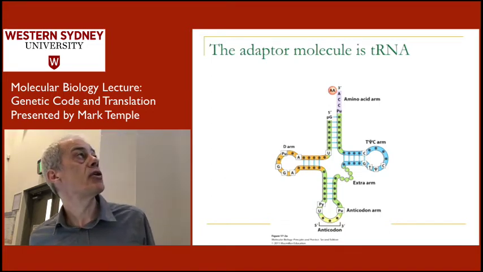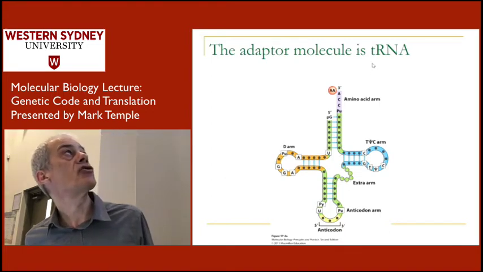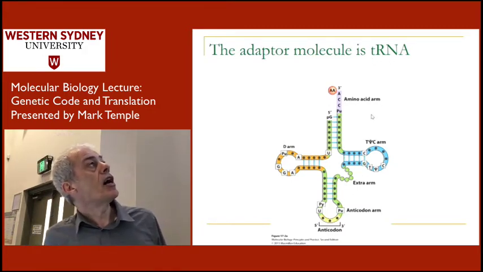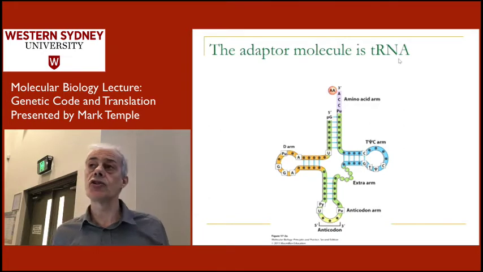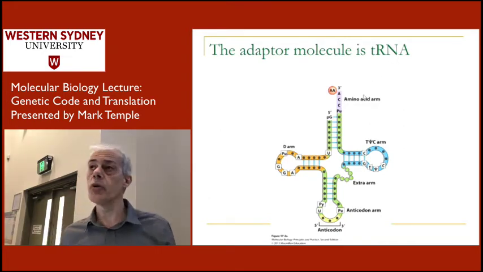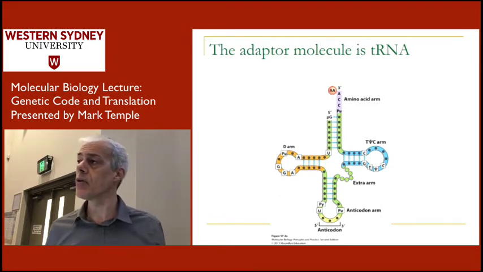So the adaptor molecule is an RNA molecule called a transfer RNA. Transfer RNAs are short, single-stranded RNA molecules, and they're coded for by RNA polymerase 3. I think we talked about them in that context.